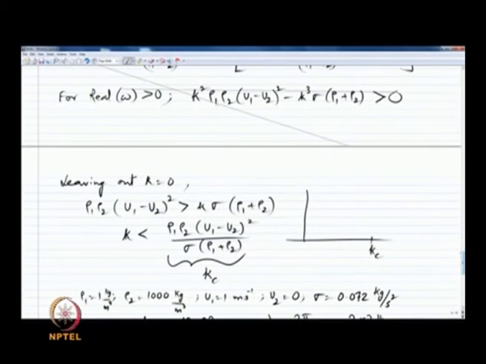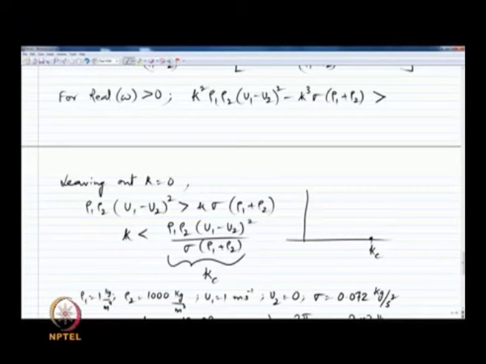That is what we signaled with this k cutoff.